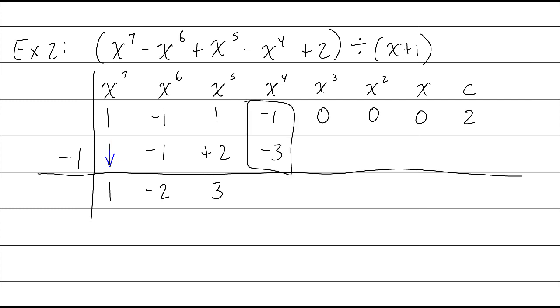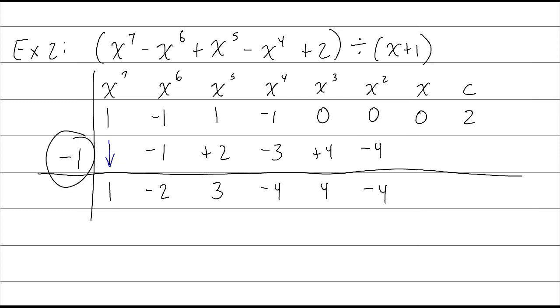Negative 1 minus 3 is negative 4. Okay, I can't keep circling this, but negative 1 times negative 4 is a positive 4. 0 plus 4 is 4. Negative 1 times 4 is negative 4.